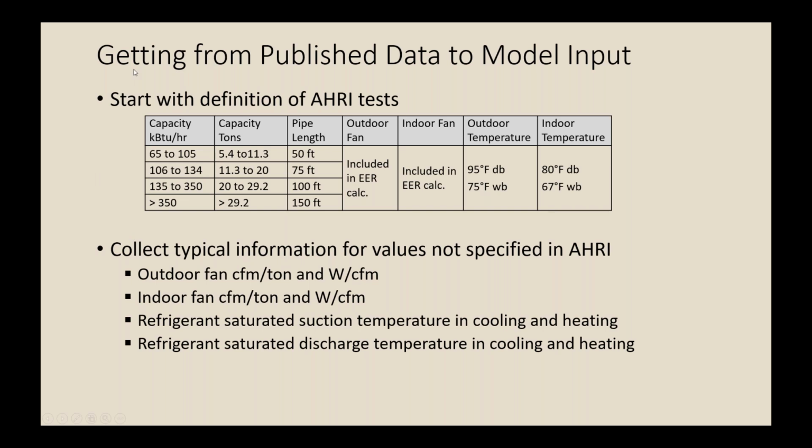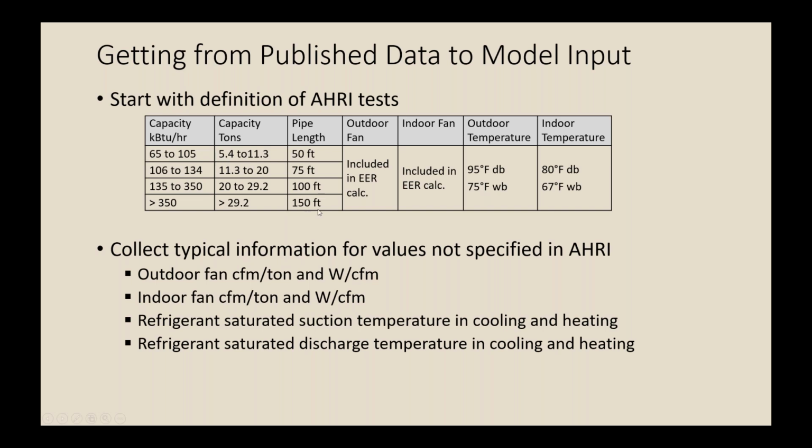Basically, the starting point is the AHRI data and an understanding of what's going on in the AHRI tests. So I've put together this table of some of the parameters of the AHRI tests and how they vary with the size of the unit.